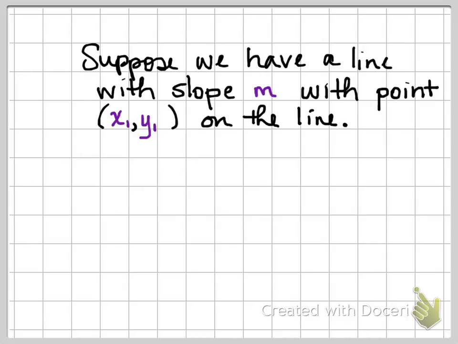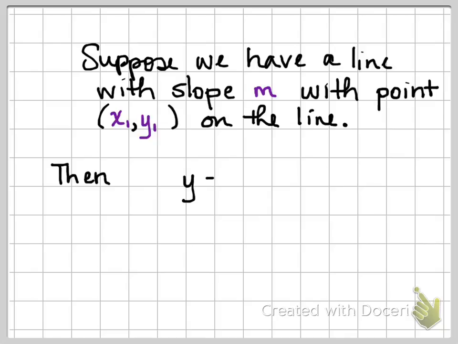I put m and x1, y1 in purple to indicate that those are numbers. So for example, in the last example, we had slope -1/2 with point (3, 1) on the line. So those were all numbers.